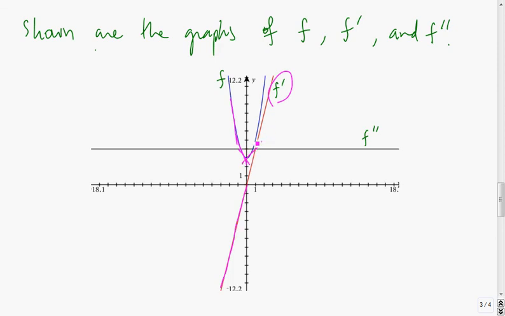Here, the slopes of the graph of f are positive, and that's why we see that f prime of x is above the x-axis there.